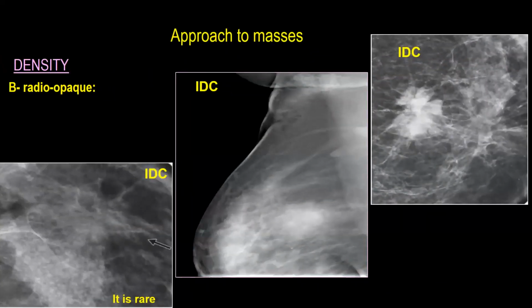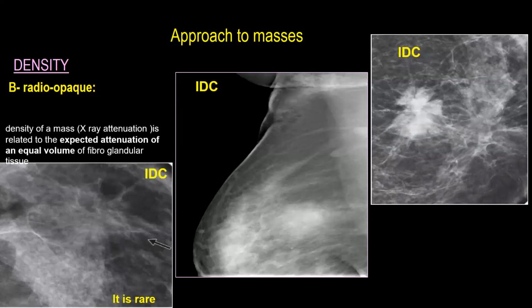Okay. Here we have 3 examples of invasive ductal carcinoma. In this case, as usual, it presents as a high density. But in this case, it presents as an equal density. Equal density. Still, this is an invasive cancer presenting as a low density lesion, which is really unexpected.